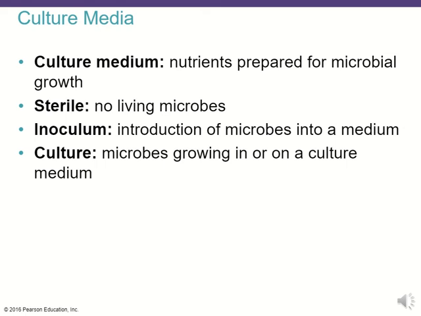There is also a sterile environment, which means no other microbes are currently in that media. And then inoculum is when you introduce the desired microbe into that nutrient medium. And then the culture is the term for when microbes are growing on a culture medium. Essentially, you are growing a colony of that microbe you desire.